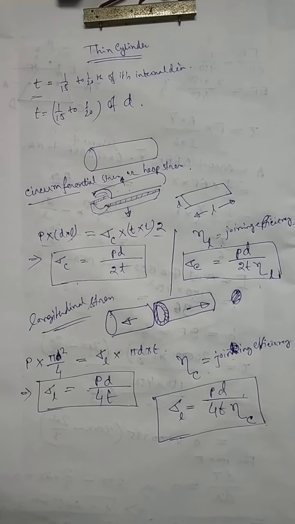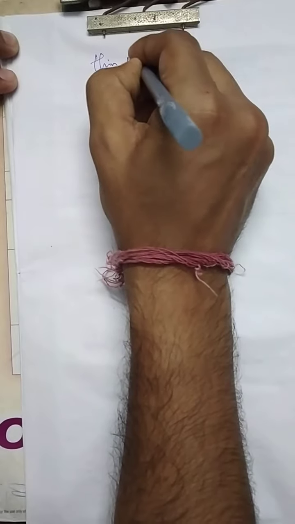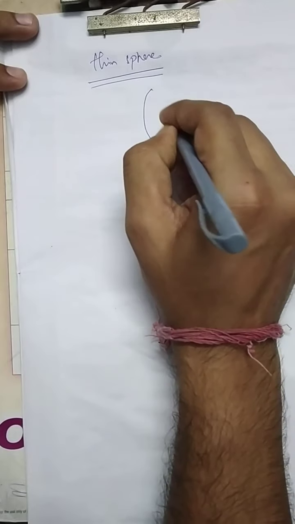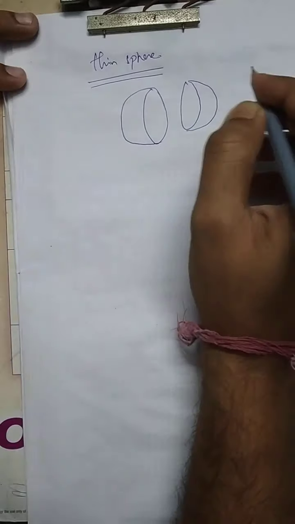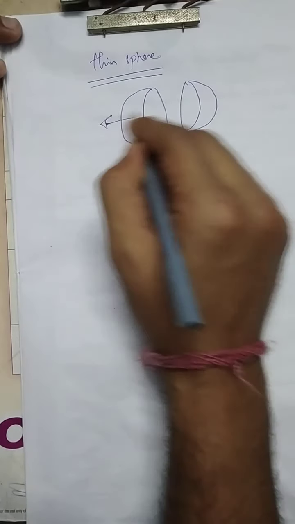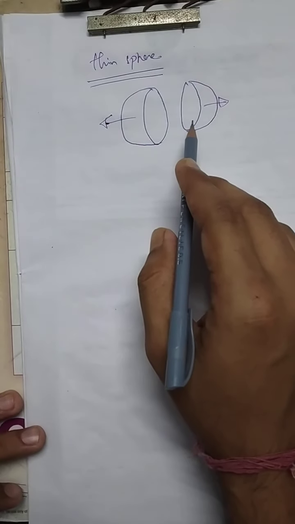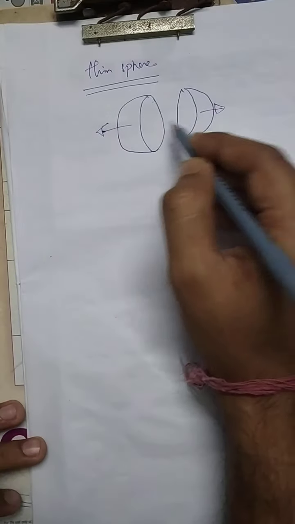Okay, that is in the case of cylinders. In the case of a sphere or spherical pressure vessel, because of the symmetry in all directions, the stress is the same and the internal pressure of the fluid is the same, and the force will be exerted in this way.